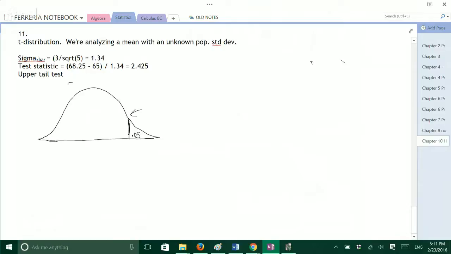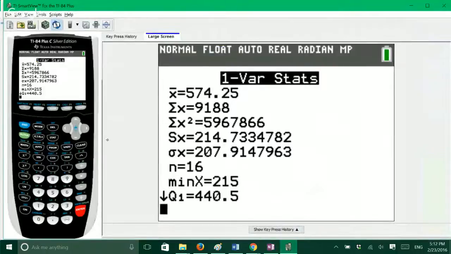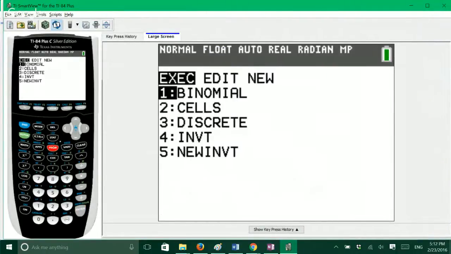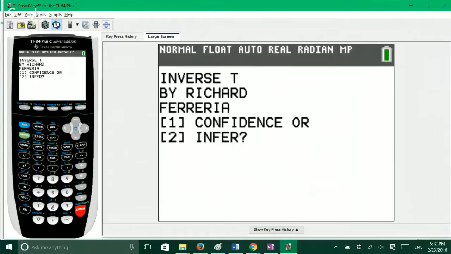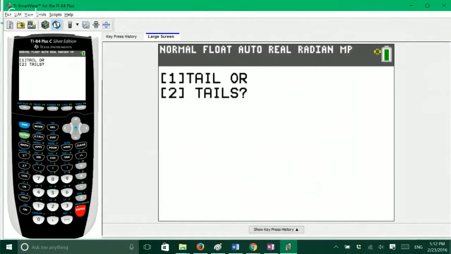To get this, we're going to use inverse T. Let's see if I have the program for inverse T. I do, number 5. Inverse T, we're doing inference here. We're going to do one tail. Alpha level is 0.05.